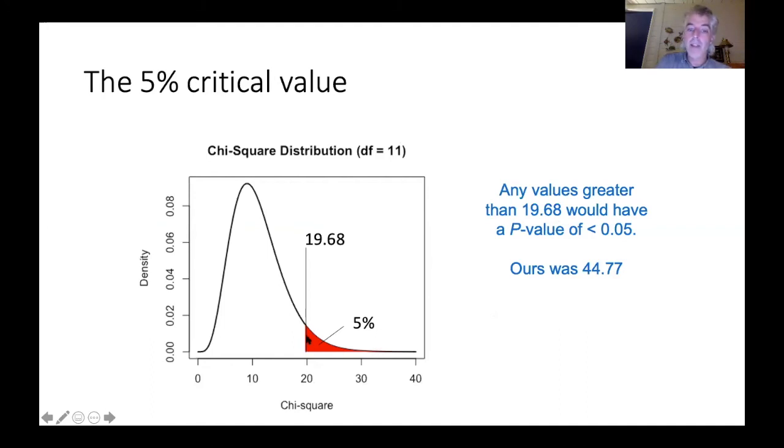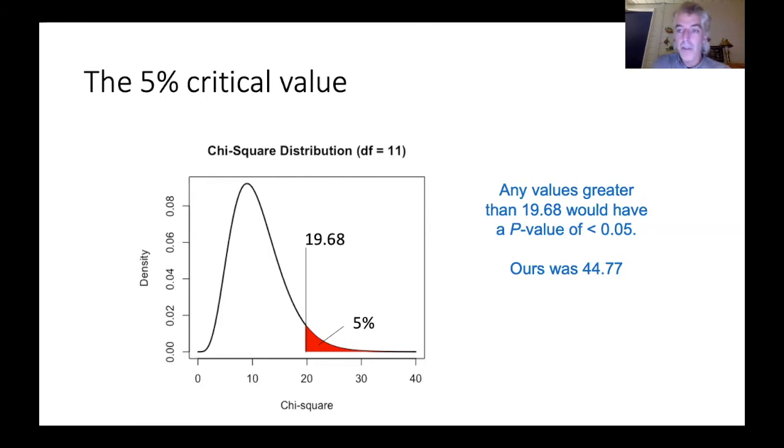And that means there's a 5% chance of getting a chi-squared test statistic of 19.68 or greater when the null hypothesis is true. So any chi-squared value greater than 19.68 will mean a p-value of less than 0.05. And in our case, our test statistic was 44.77, way over here, which means that the p-value was much, much smaller than 0.05.